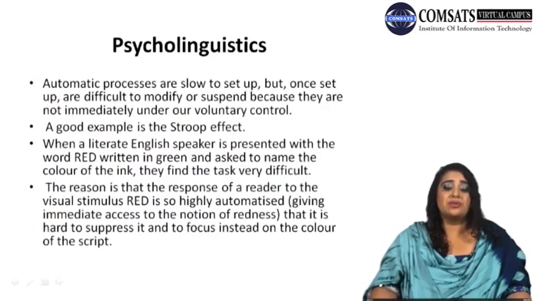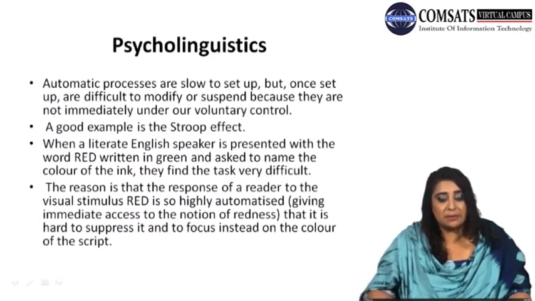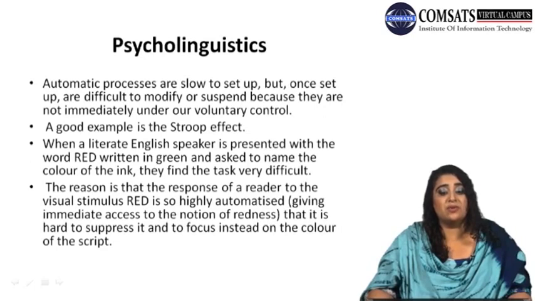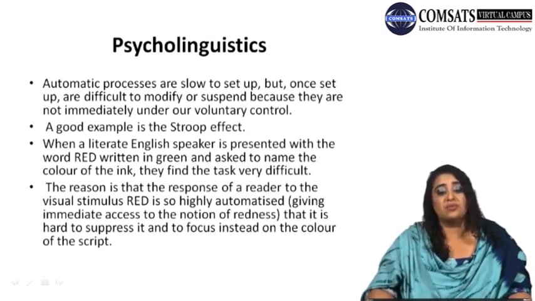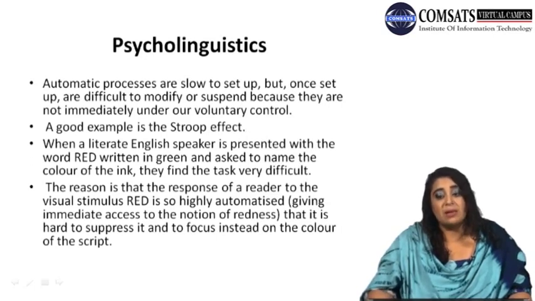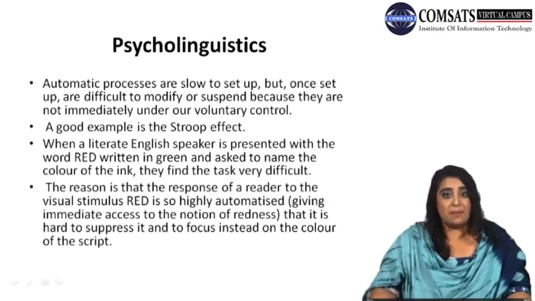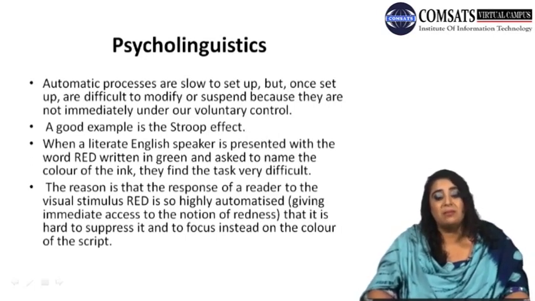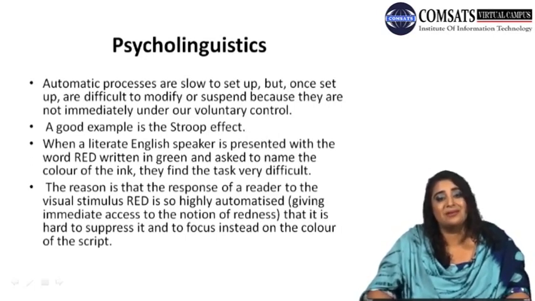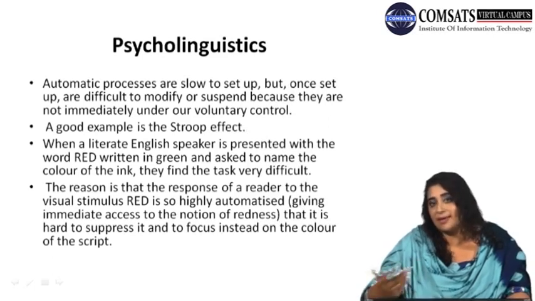Now, automatic processes are slow to set up, but once set up are difficult to modify or suspend because they are not immediately under our voluntary control. So once we set them up, it's difficult to modify or suspend them because they're not immediately under our voluntary control, and it just suddenly happens.